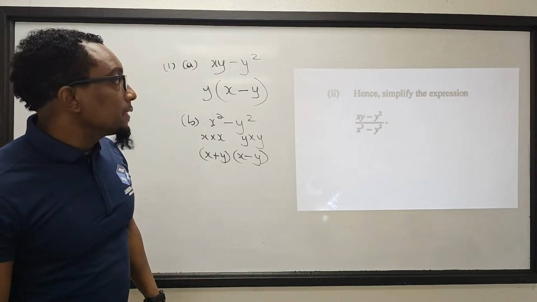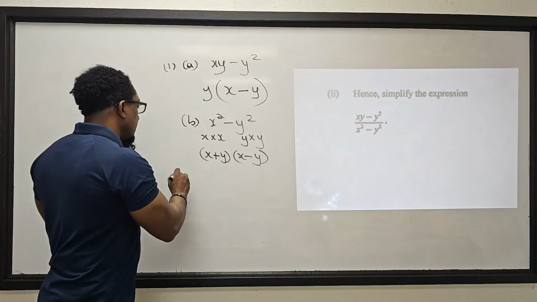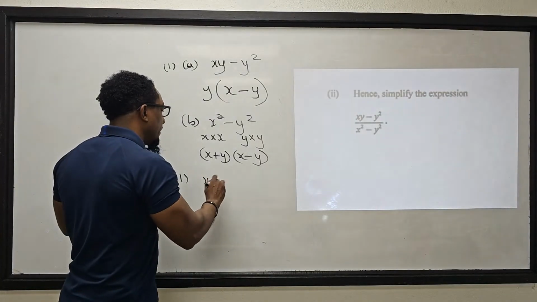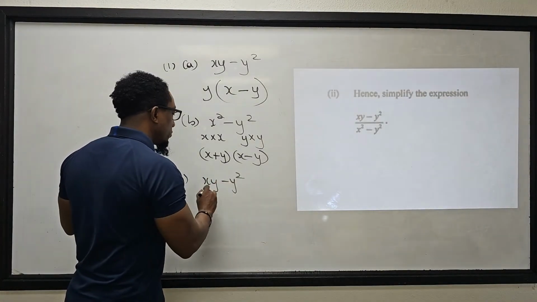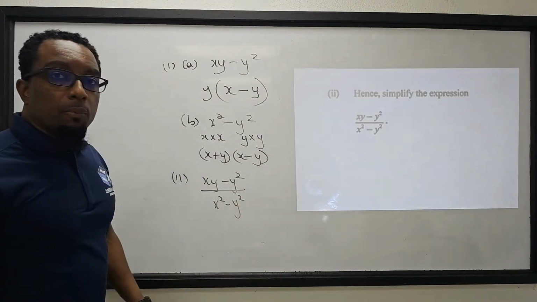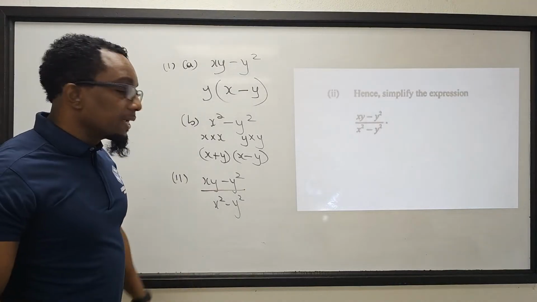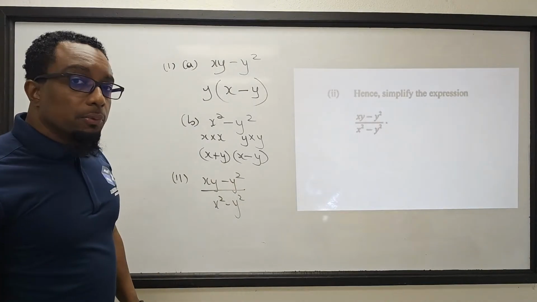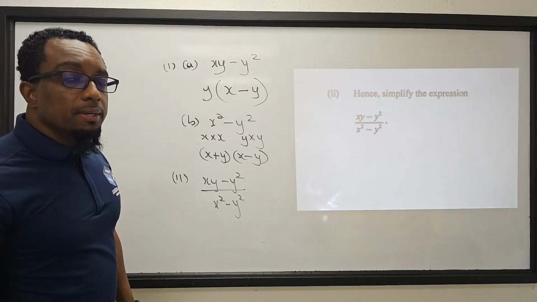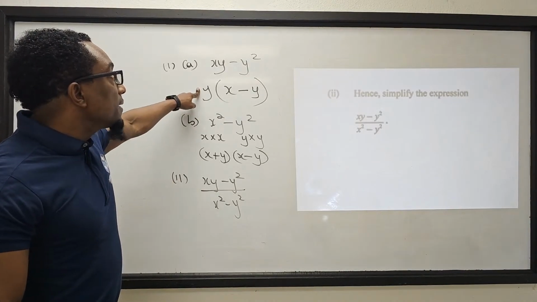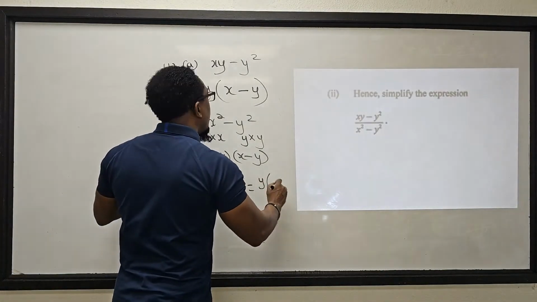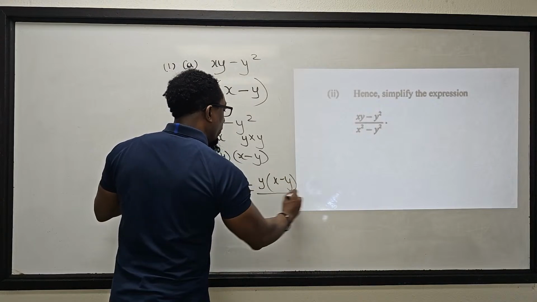But then look at part 2 of this exercise and simplify xy minus y squared all over x squared minus y squared. What we're not going to do here is divide x into x squared and y squared into, we're not going to do that. We have already done most of the work. We will have factorized xy minus y squared in part A. So this is y, x minus y over.